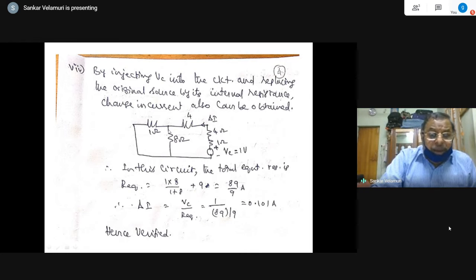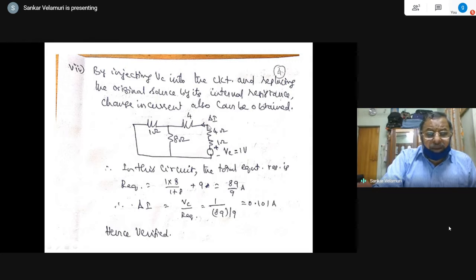Now the direct computation of the change in the element currents will be obtained by replacing the voltage source in the original network by its internal resistance. Now compute the change in the current. In this particular branch, the current flowing is the change in the current, which is in the opposite direction. So the current is reduced. Again, a lot of sign conventions.